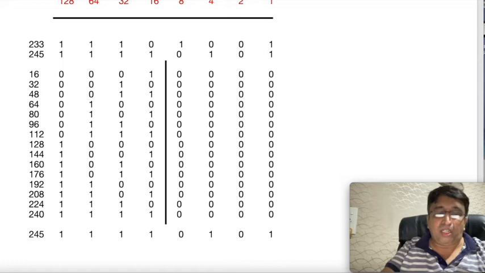Let's take, let's say, 170. Now if I want to find the binary of 170, I'm supposed to check which number in this chart comes before 170. You can see over here 170 comes after 160 and before 176. So for 170, the binary of 160 is going to be useful for me, and it is 1010, that's the binary of 160. I'm going to write it down directly over here. I will simply copy it down.